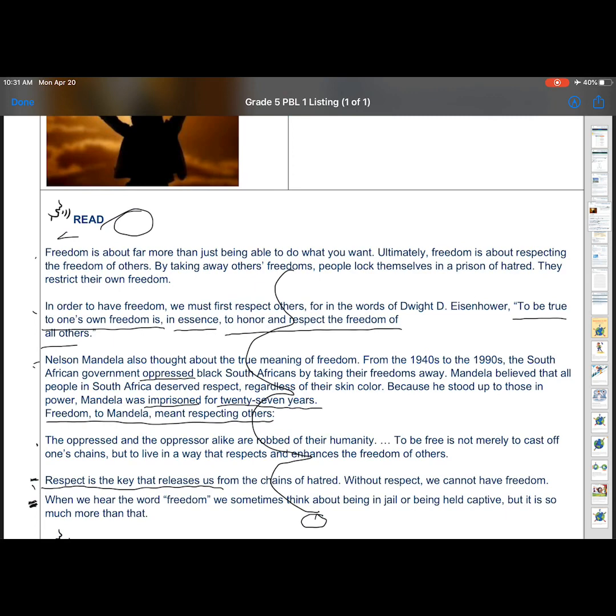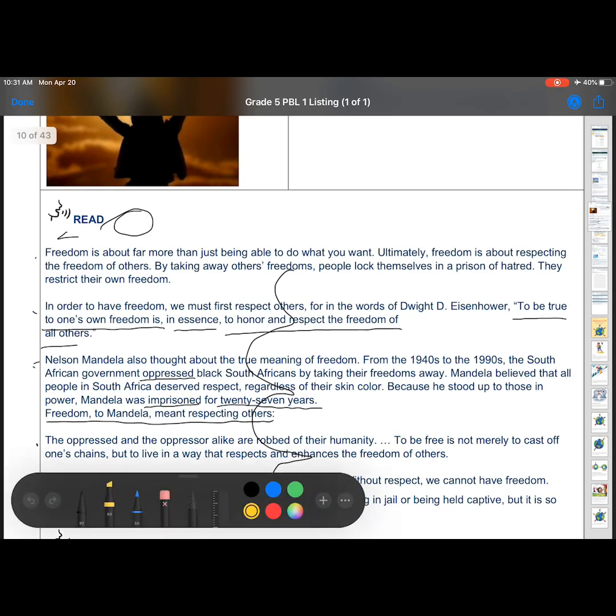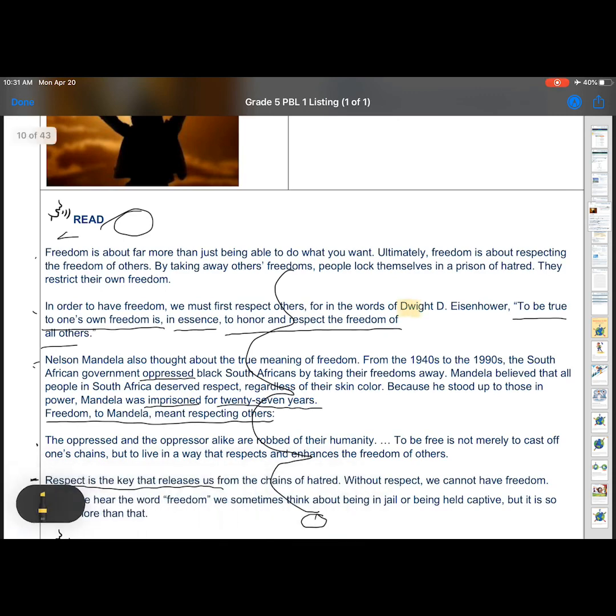Remember how over here they had different people talking about freedom? Let me use my highlighter to show you the different people that were speaking here. They had Dwight D. Eisenhower. They had Nelson Mandela. They had their own personal opinions.